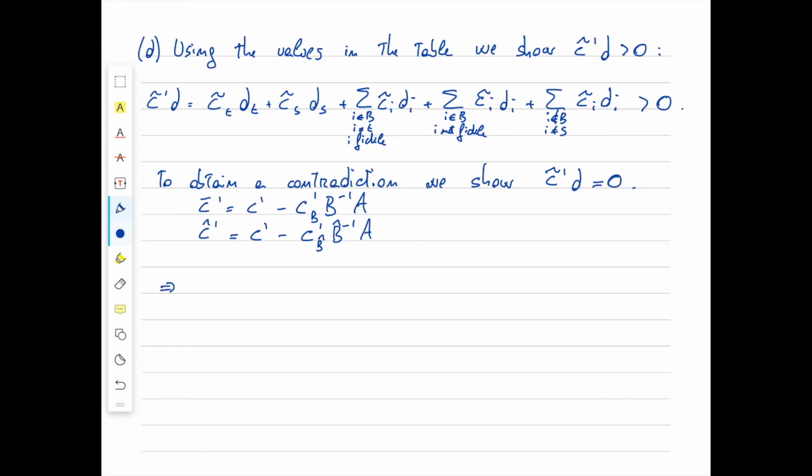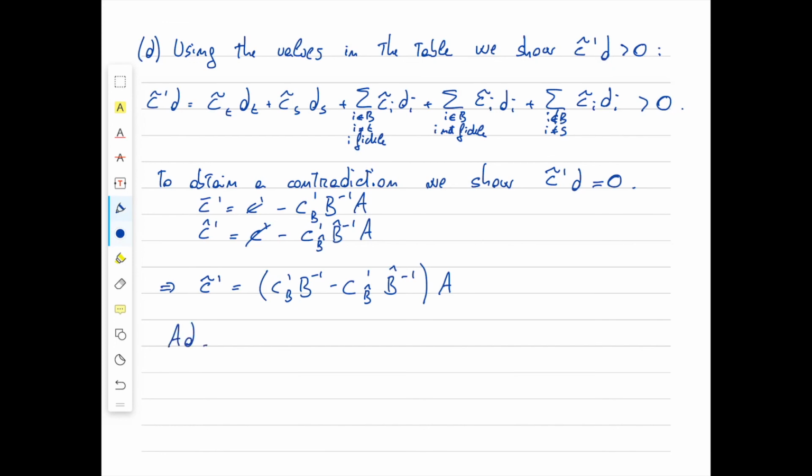This implies that c tilde transpose is equal to, so in the difference between c hat and c bar, the c vector cancels out, and then in the remaining part of the formula I can factor out A, which is in common in the two expressions, so I obtain that this is equal to c B transpose B inverse minus c B hat transpose B hat inverse times A. But now if we multiply on the right by d, we obtain 0 because we've shown a long time ago that A times d is equal to 0.